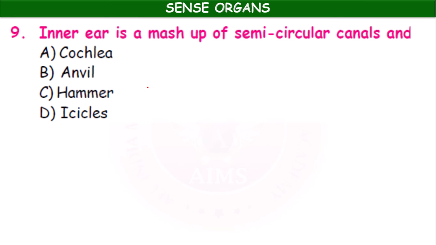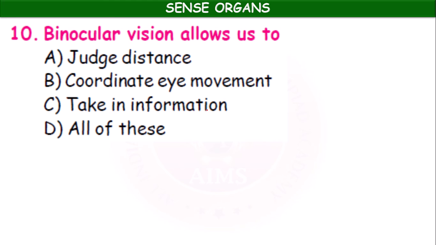The inner ear is a mashup of semicircular canals and cochlea, anvil, hammer, ossicles. Which one? It is the cochlea, the spiral structure.